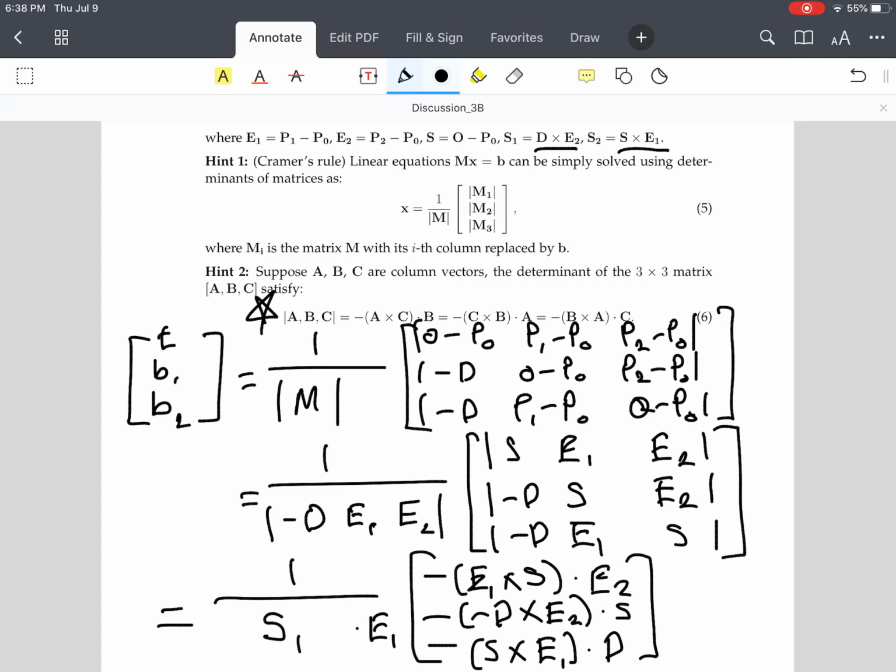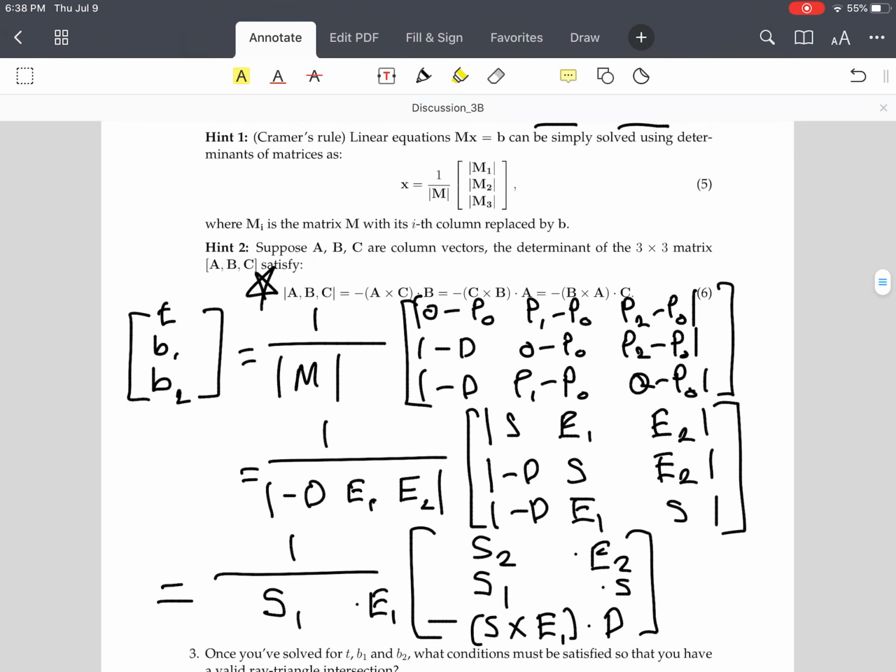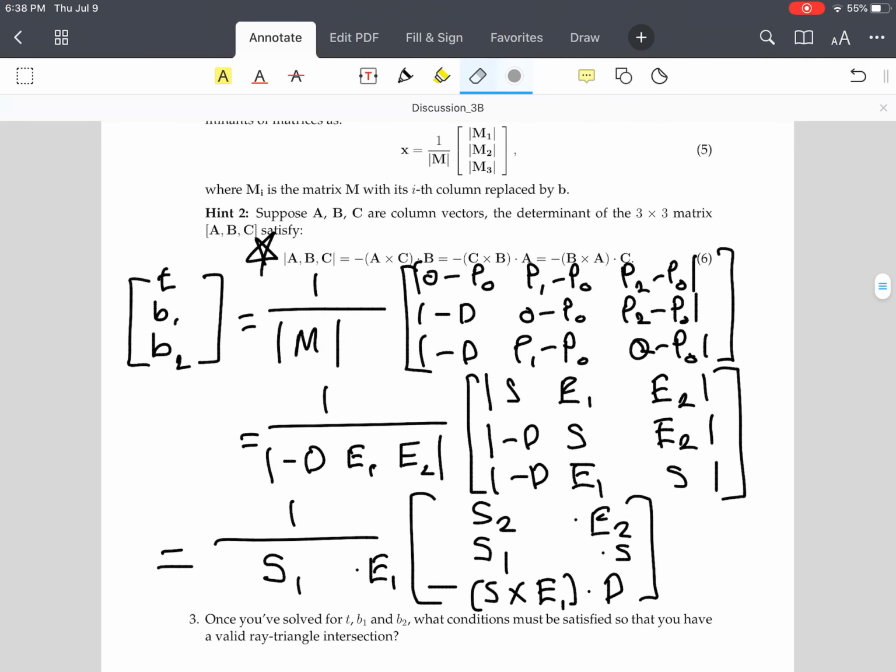Over here, E1 cross S is going to get replaced by S2. Over here, D cross E2 is going to get replaced by S1. And then last but not least, this S cross E1 is going to get replaced by S2.